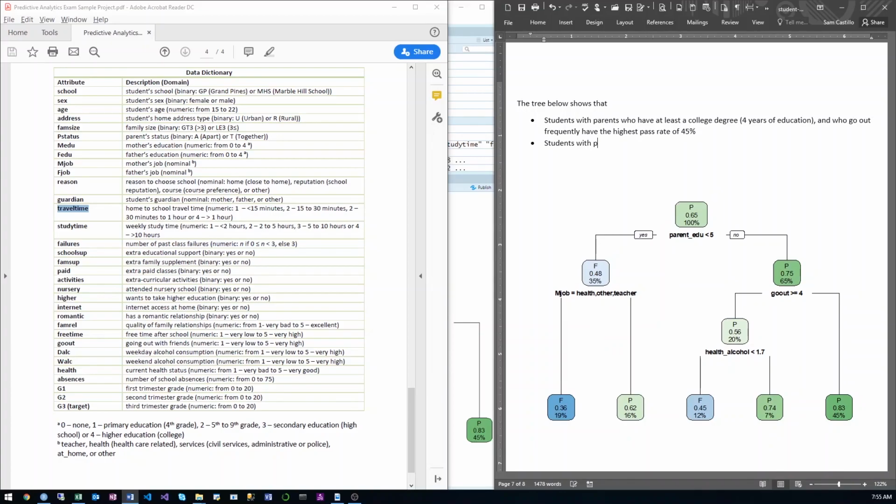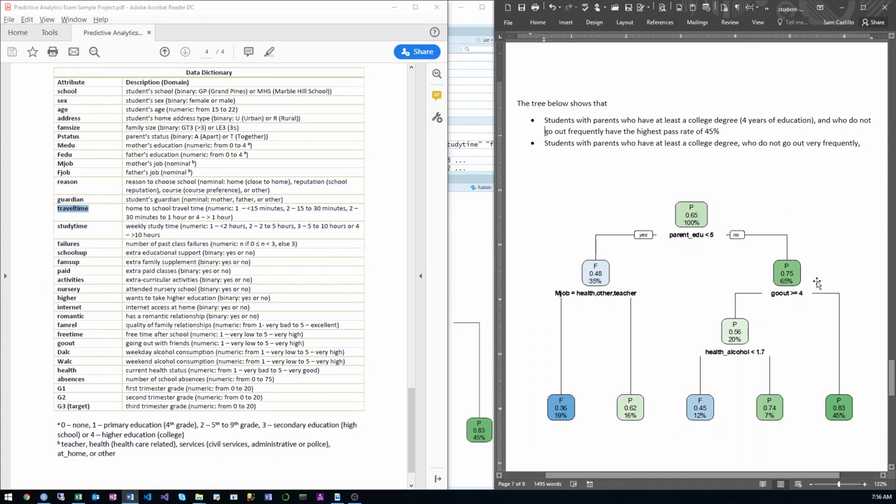Students with parents, so I just went down from here to here to here. Now I'm going to go from here to here to here. So parents who have at least a college degree, who do not go out very frequently. Let me rephrase this. So right is no, left is yes. So if they go out very frequently, right is no. So these are students who do not go out very frequently.